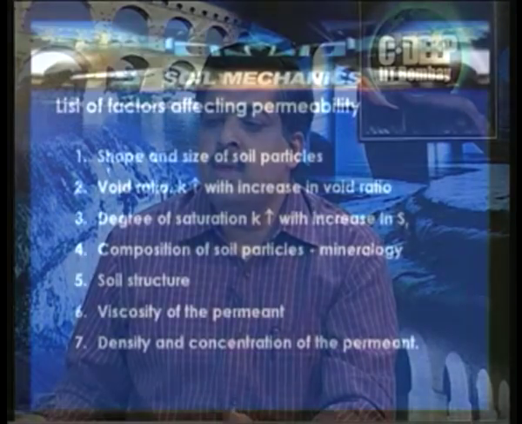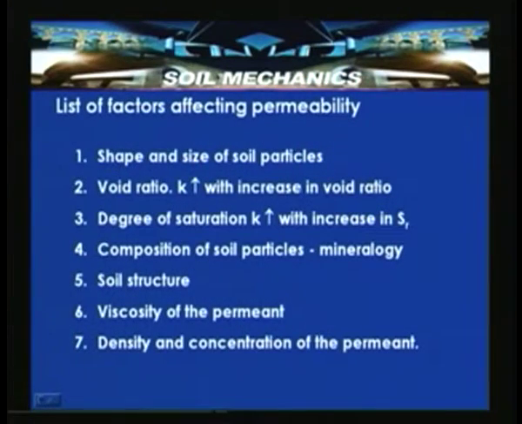If you recall the list of the factors affecting permeability, we listed around 7 factors. Shape and size of particles is an influencing factor, and void ratio, and K increases with increase in void ratio. Degree of saturation, K increases with an increase in the degree of saturation.